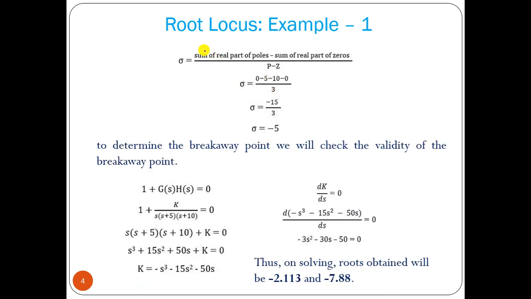That is the sum of real parts of poles minus the sum of real parts of zeros. We don't have zeros here, so it will be minus 15 by 3, that is minus 5. We have 3 poles, 0, minus 5, minus 10, so the centroid will be minus 5 itself. From that we will have a 60 degree asymptote, a 180 degree asymptote and a 300 degree asymptote.